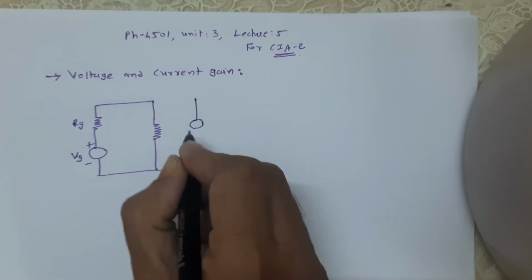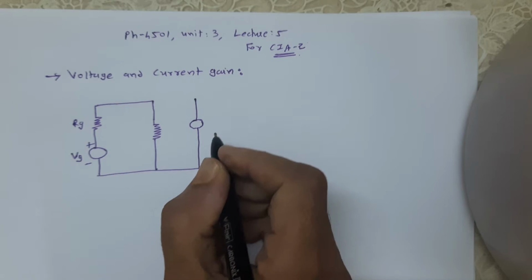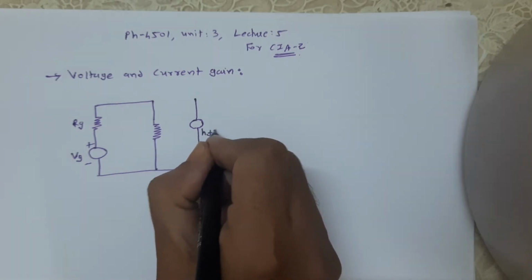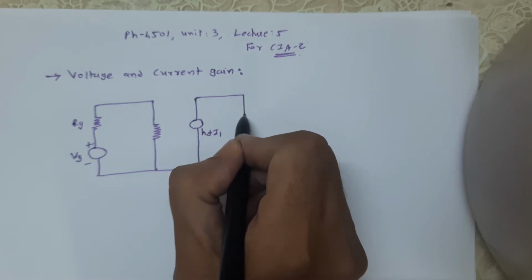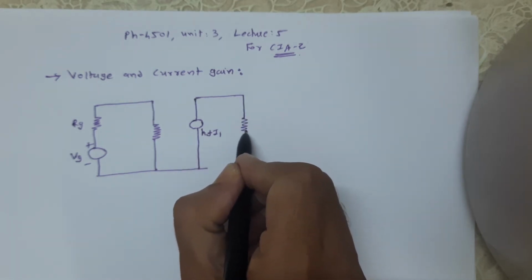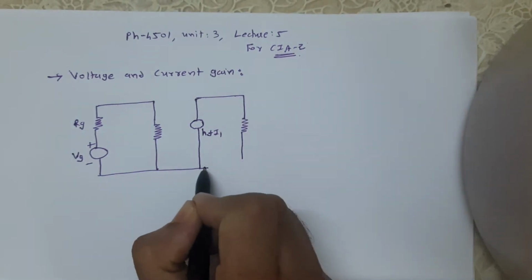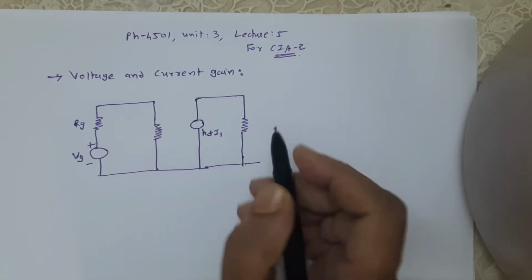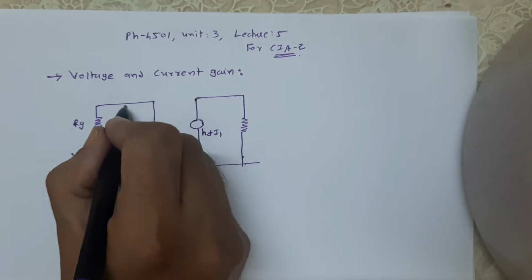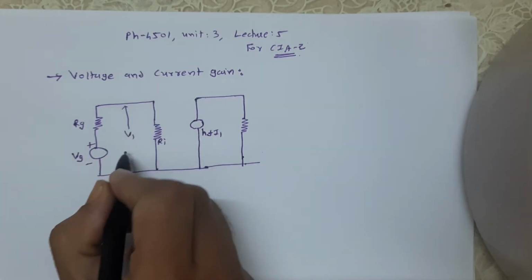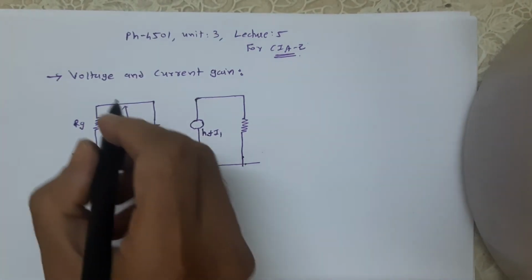HFI1. Parameter HO. This is our RI. This is input voltage V1. Current I1.